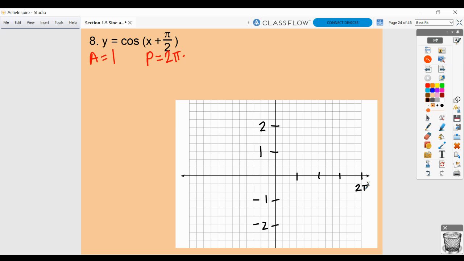Start out at the end with your 2 pi. Work your way in. All right, now make your t-chart. So your x's are 0, pi over 2, pi, 3 pi over 2, and 2 pi.